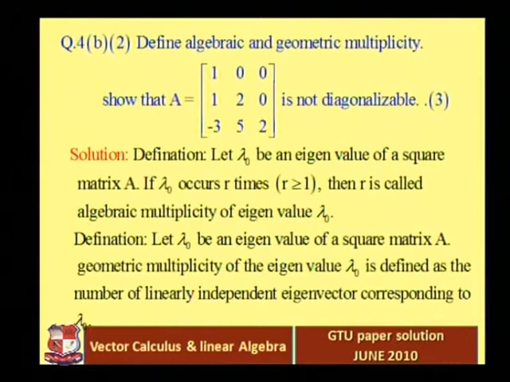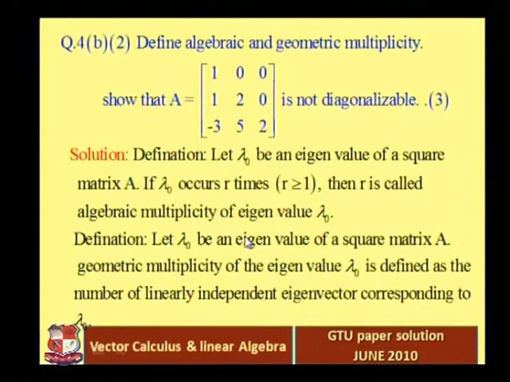Let lambda 0 be an eigenvalue of a square matrix A. If lambda 0 occurs r times, where r is greater than or equal to 1, then r is called the algebraic multiplicity of the eigenvalue lambda 0.